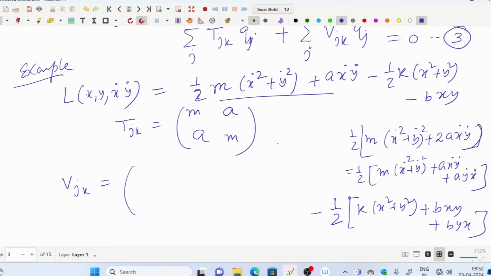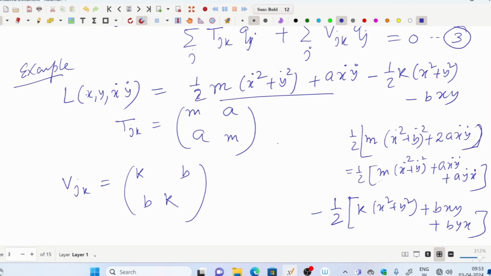Again it will be k and k in the diagonal, because the coefficients of x square and y square are k. Similarly, the xy term has coefficient b and b, so this will be your matrix. If there are no cross terms, then these matrices will be diagonal.